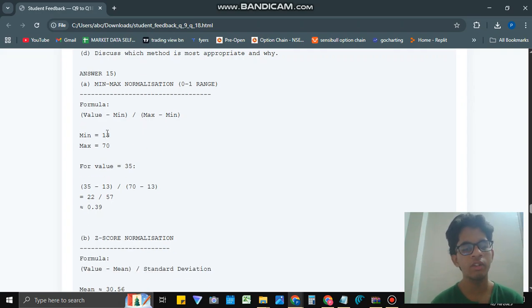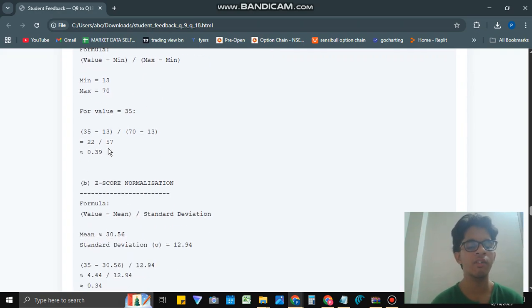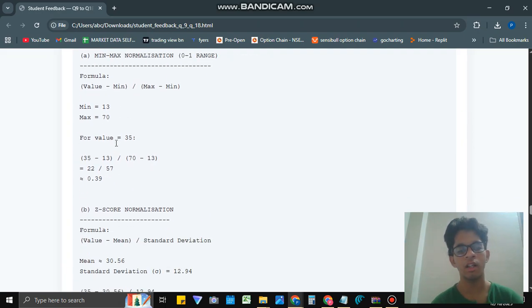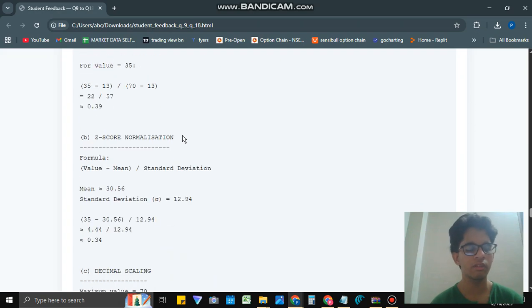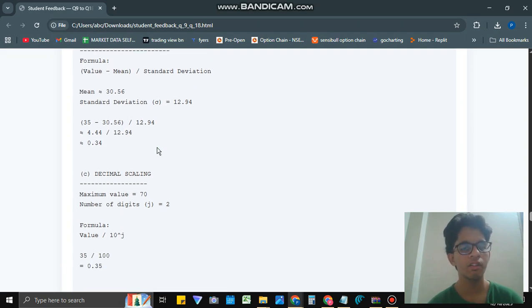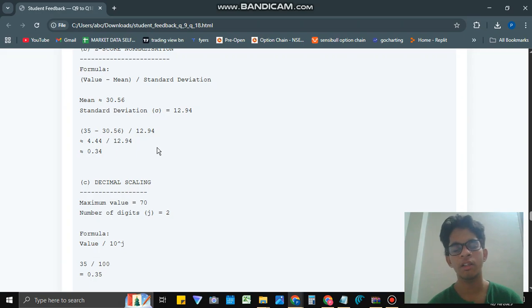So we know the minimum and the maximum value, and we can calculate it as it is for every range. For z-score normalization, we still know the formula. It's what we discussed previously: the square root of the summation of x1 minus x bar whole square over all the data points.